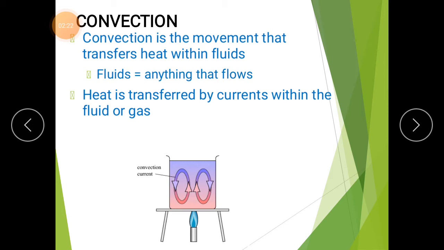Why does this happen? Let's understand this diagram. What is a convection current? When water is boiled in an electric pot, the heating element in the pot only warms the water touching it. Warm water is less dense than cold water, so the warm water rises.